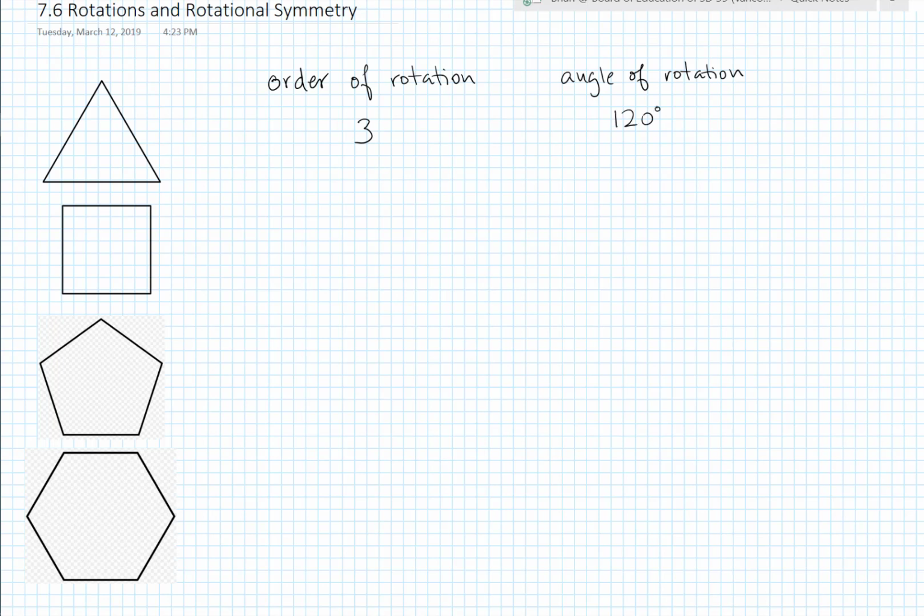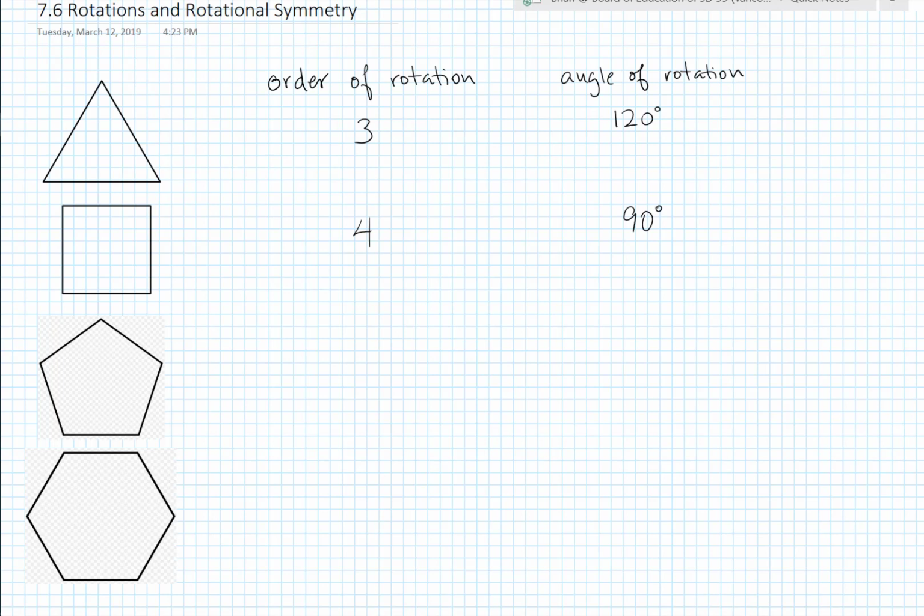A square, all you need to do is rotate it 90 degrees. You can imagine just tipping it on its side. And if you're rotating it around the center, it would appear identical. And we can do that 4 times through a full rotation, and every time we're rotating it 90 degrees.